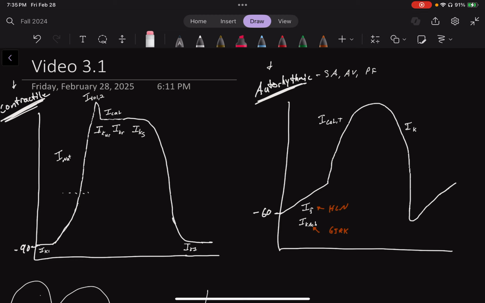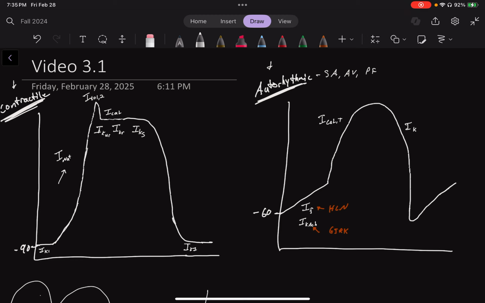Once a depolarization wave is sent over to the contractile cells, it will cause voltage-gated sodium channels to open, and a current of sodium will rush in. That causes a big spike in depolarization, at which point the ITO1 and ITO2 channels will be opening.